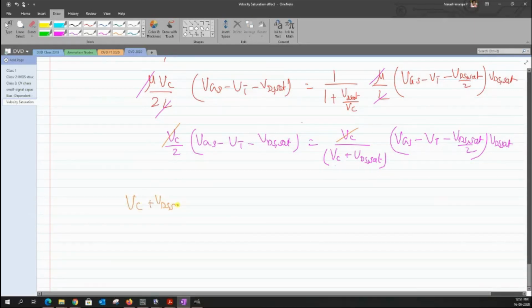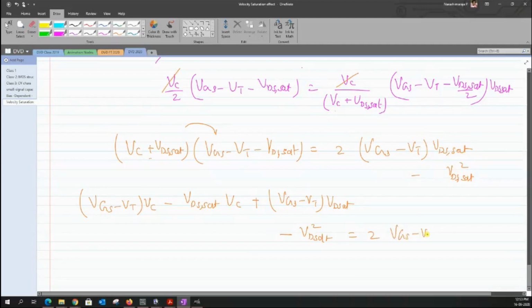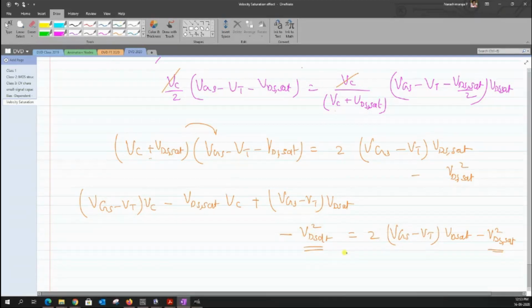So okay, there is a quadratic term which we can actually cancel on both the sides. Okay, so there is no quadratic relation, and we certainly have to rearrange this expression.